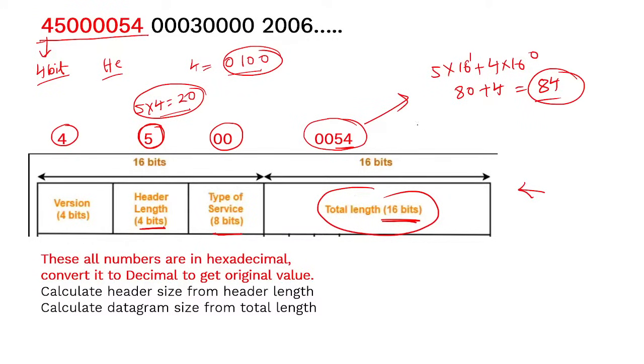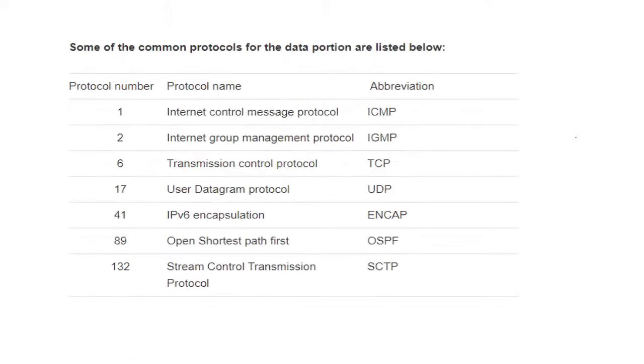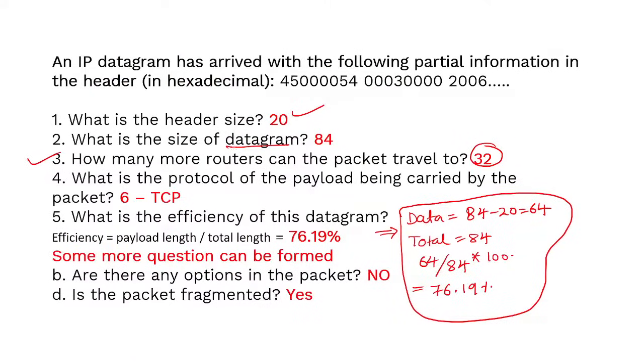So from here you get the answer 84. 84 includes data plus header. If it were asking only for data, then your answer would be 84 minus 20, that is 64. But it did not ask for only data, it is asking for the total datagram. That's why 84 is the answer.